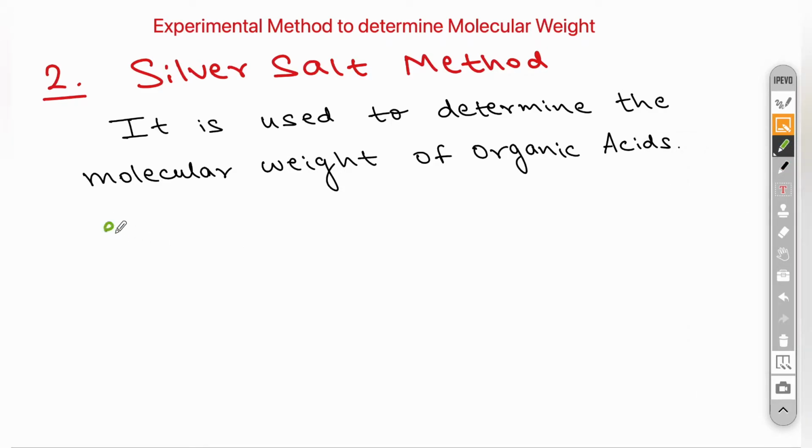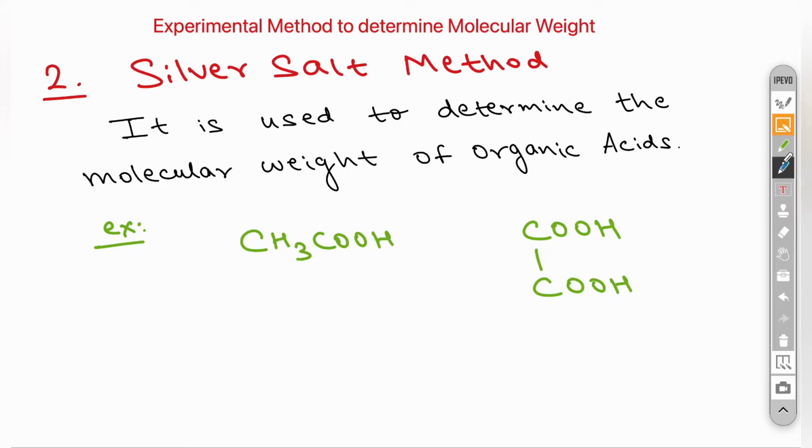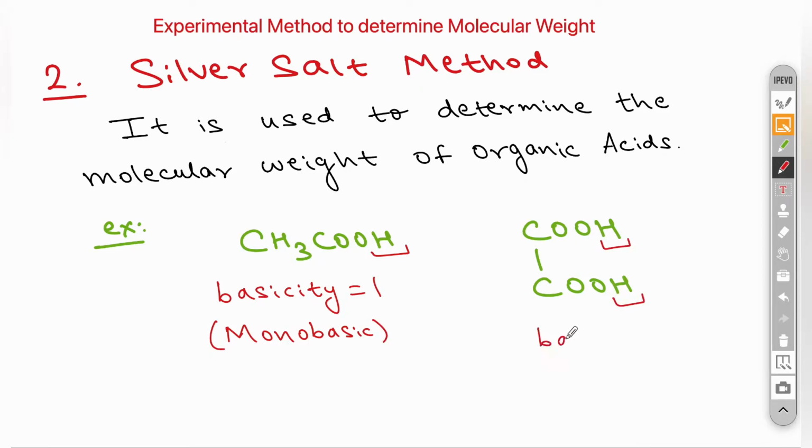We'll further write as examples CH3COOH and COOH single bond COOH. Here one atom of hydrogen is present, so we'll write that the basicity of this compound is 1. So this is monobasic. Here two hydrogen atoms are present, so the basicity is 2.